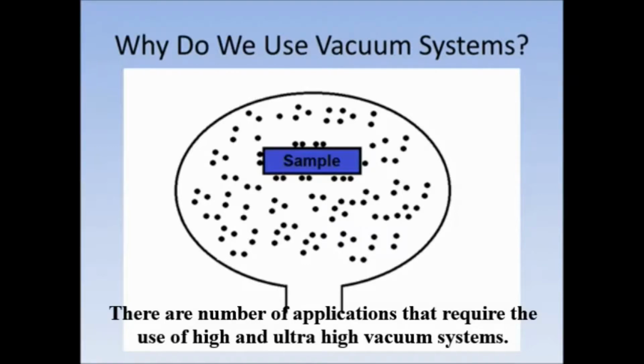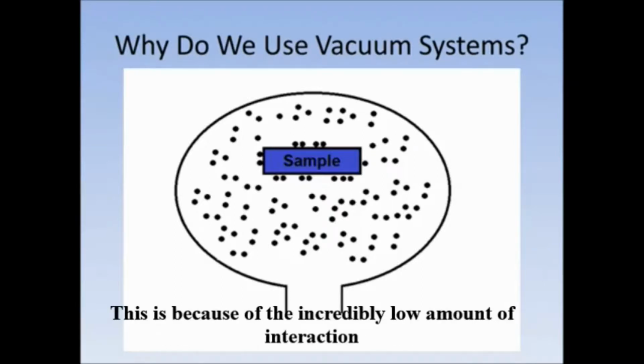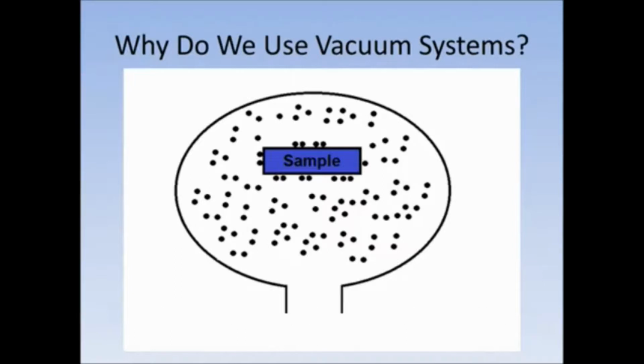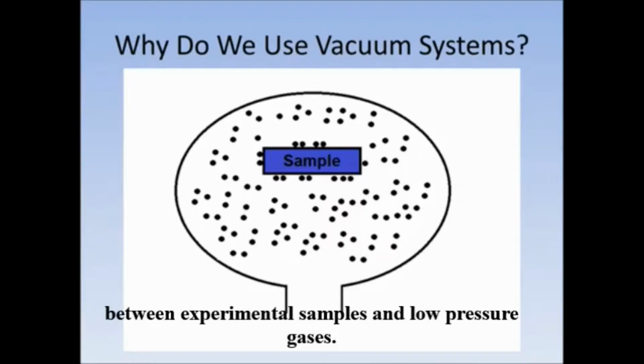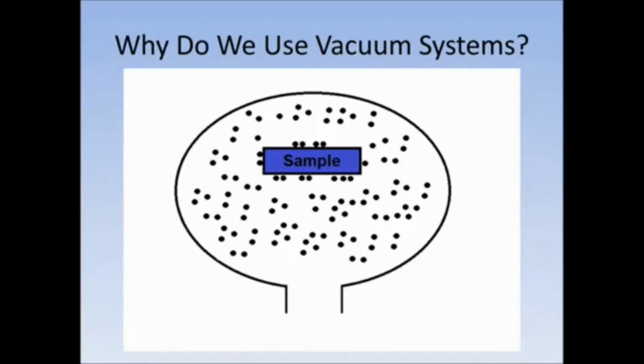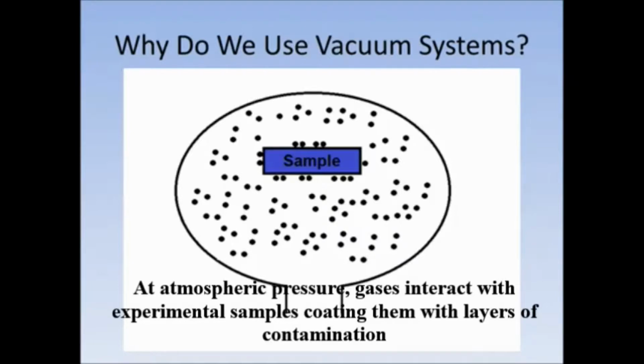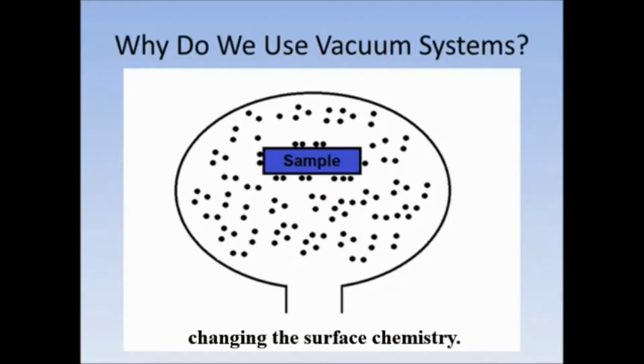There are a number of applications that require the use of high and ultra-high vacuum systems. This is because of the incredibly low amount of interaction between experimental samples and low-pressure gases. At atmospheric pressure, gases interact with experimental samples, coating them with layers of contamination, changing the surface chemistry.